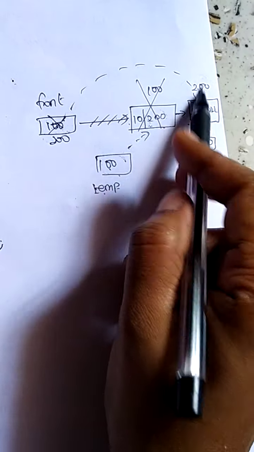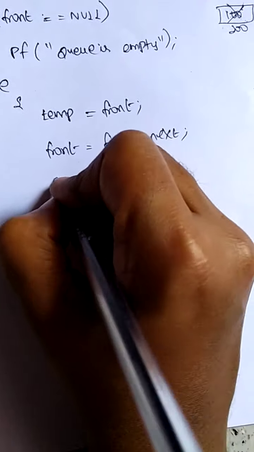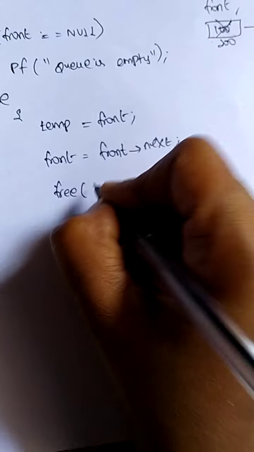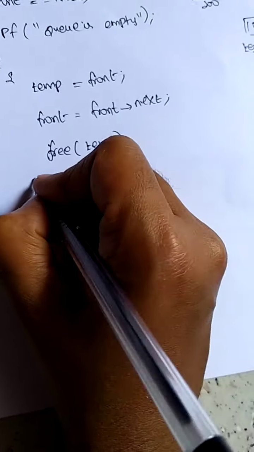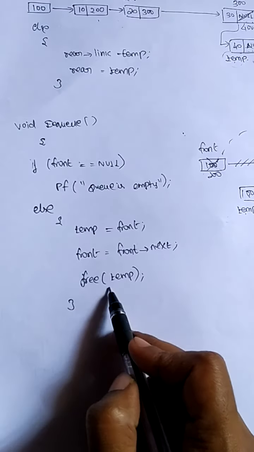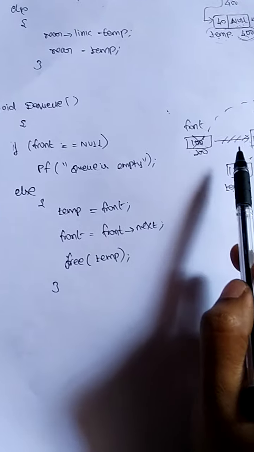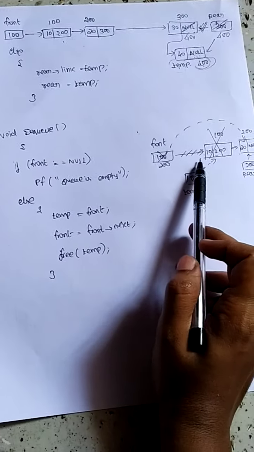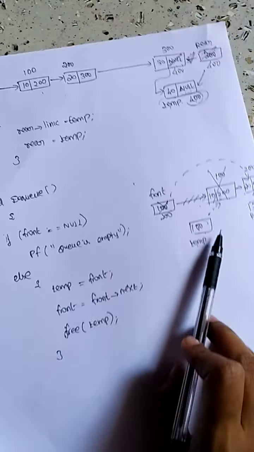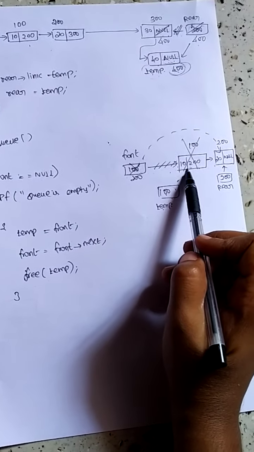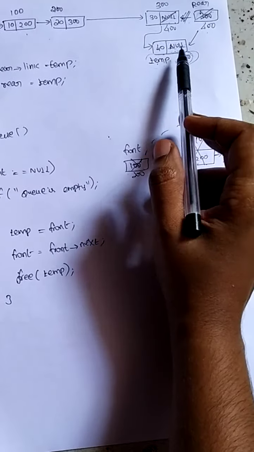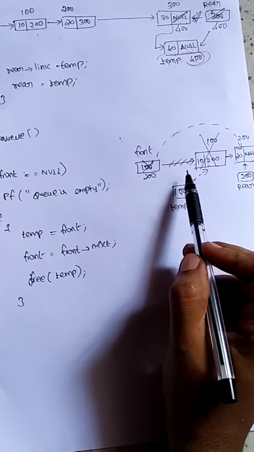Now it will be pointing to the second node. Now I can free the temp. So free temp. Okay, so these are the three things I have to do for deleting a node. Be clear, in a queue the insertion happens at the rear end and the deletion happens at the front end. So it is similar to inserting at the last and deleting at the beginning.